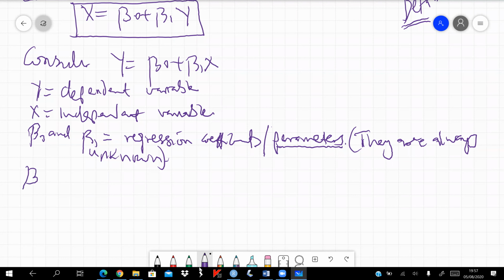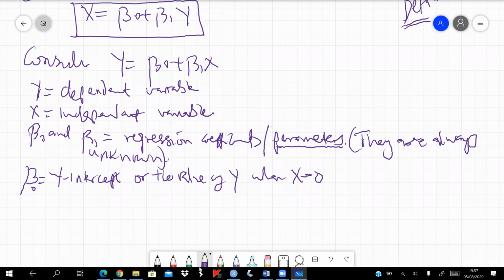So beta naught, you can call it the y-intercept, or the value of y when x is equal to 0. Then beta 1 is the slope.